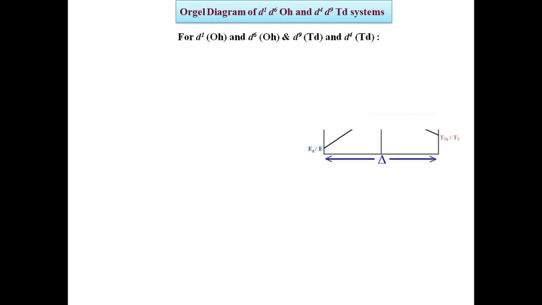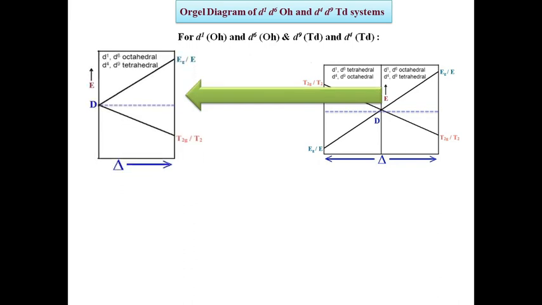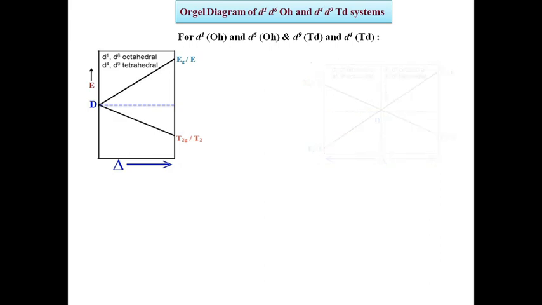Here, for these systems, we have to draw the right hand side portion of the Orgel energy correlation diagram as shown previously, and here it is shown again on the right side, and the corresponding transition is 2T2g to 2Eg for octahedral cases and 2T2 to 2E for tetrahedral cases as designated here.